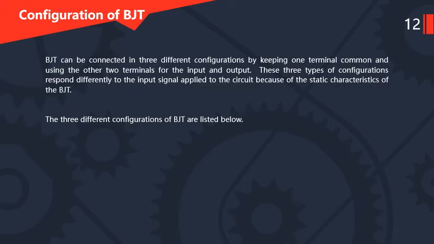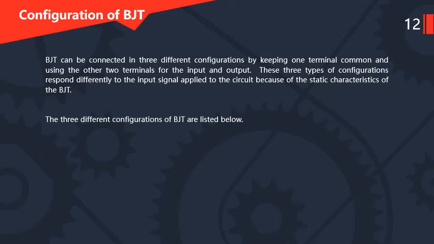BJT can be connected in three different configurations, by keeping one terminal common and using the other terminals for input and output. These three types of configurations respond differently to the input signal applied to the circuit because of the static characteristics of the BJT.